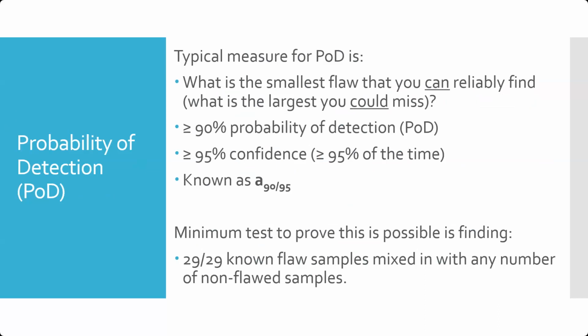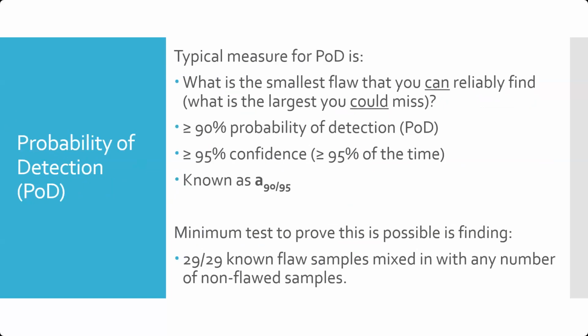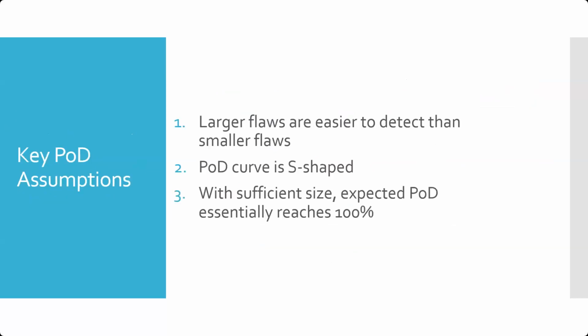There's some statistics behind this that I'm not going to go into in this lecture, but when you calculate it out, you have to have a set of 29 known flaw samples mixed in with any number of non-flaw samples, and an inspector needs to reliably find 29 out of 29 each time they perform an inspection on that batch. If they do that, then it will allow someone to have an A90-95, or a 90% probability of detection, 95% confidence, when you get out into the real world.